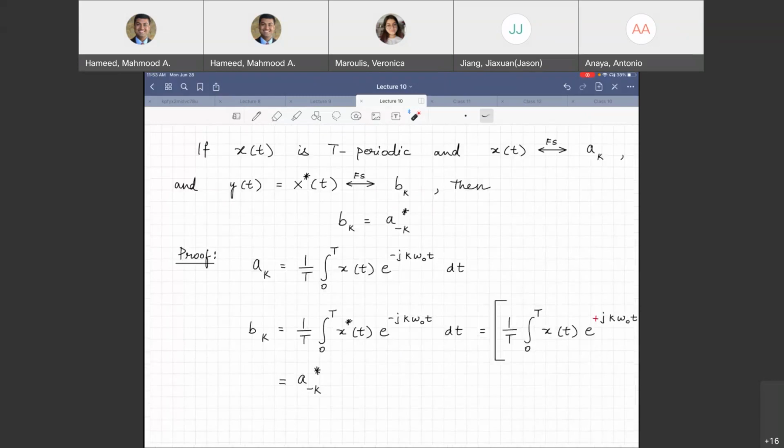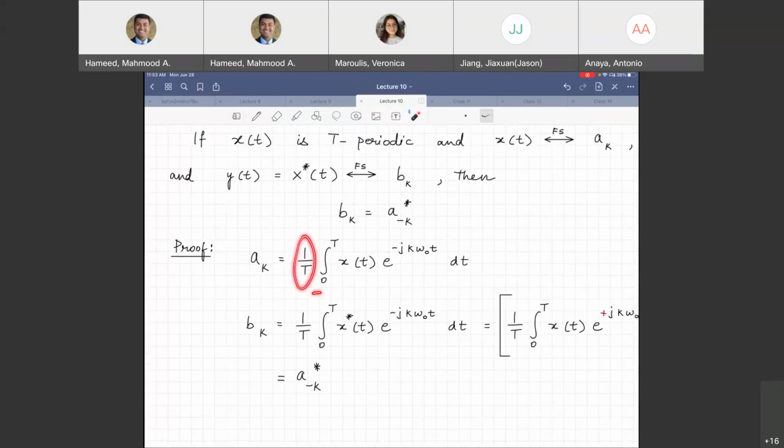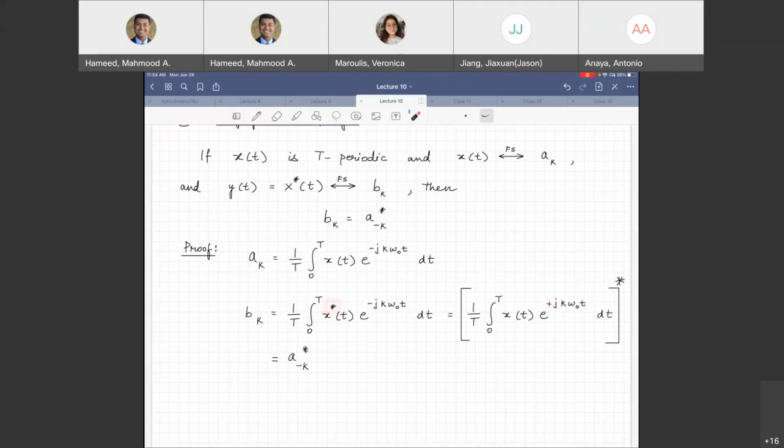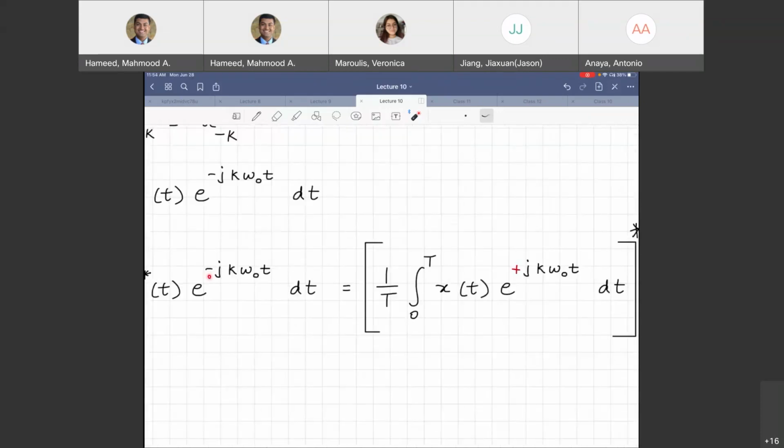Let's prove it. a sub k is 1 over T, integration over one time period, 0 to T, x of t e to the minus j k omega naught t dt. Fourier series coefficients of a time periodic signal x of t. b sub k, what is that? Fourier series coefficients of x complex conjugate of t. Everything remains as is, except now you have x complex conjugate instead of x. Now, what we can do is move this complex conjugate operator outside by reversing the sign of this complex exponential.